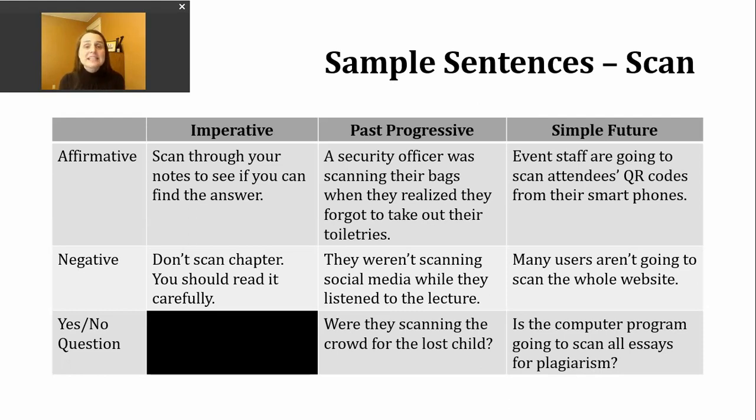Now, with this sentence, I think it's connecting to the first meaning, right? So that looking very carefully for some feature. So perhaps a small child has been lost at a place where there are a lot of people, right? So someone or many people will start looking carefully for that particular missing child.